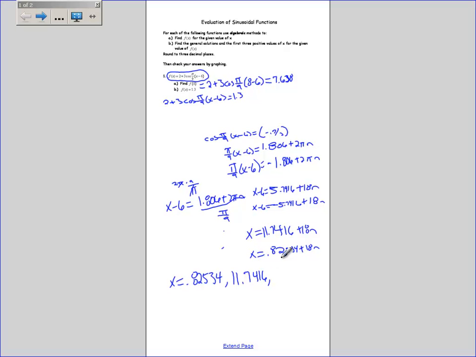And then the next answer is going to be 0.82534 plus 18, or 18.82534. And then that is our general solution with our first 3 answers for x, and I'm going to stop this and I'll show you a sine one next.